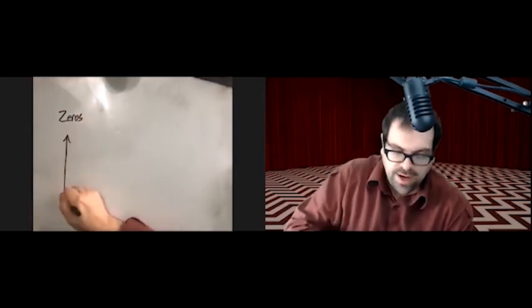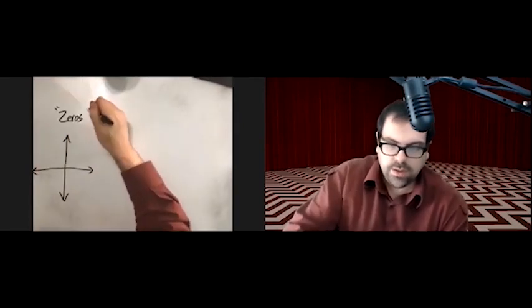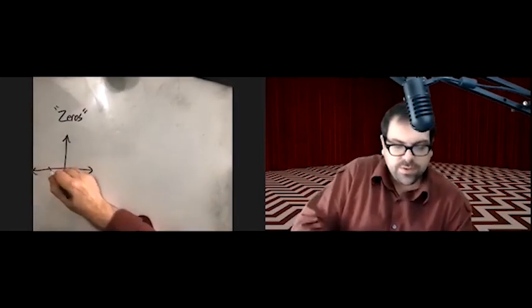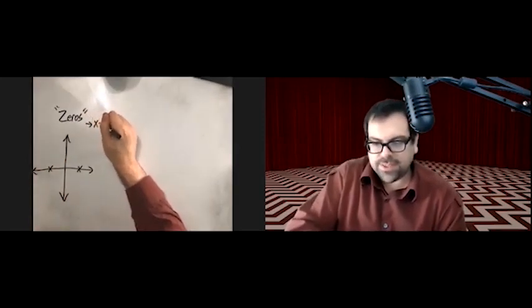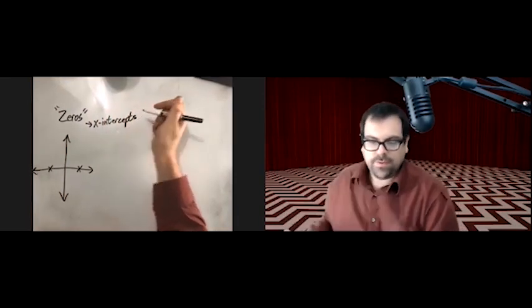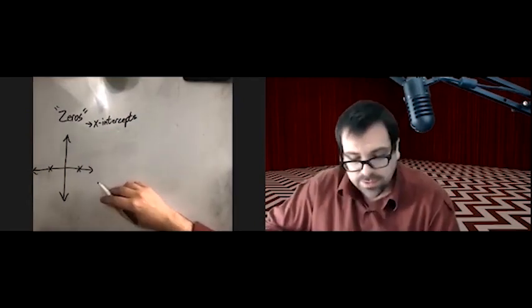So first of all, what do I mean by a zero? Well, zeros are going to be x-intercepts. Why are they called zeros?